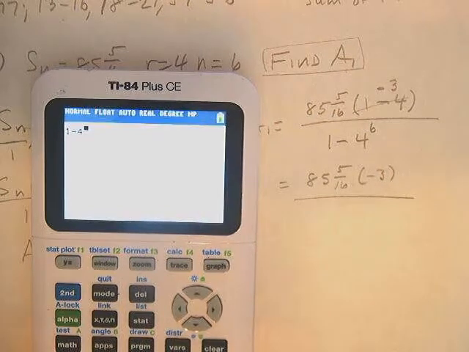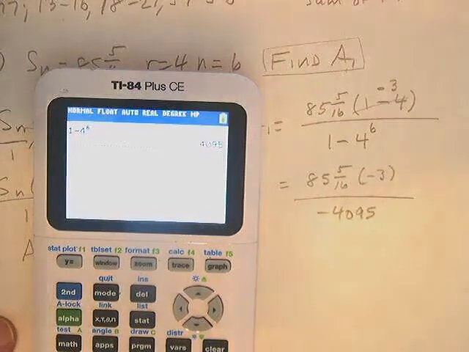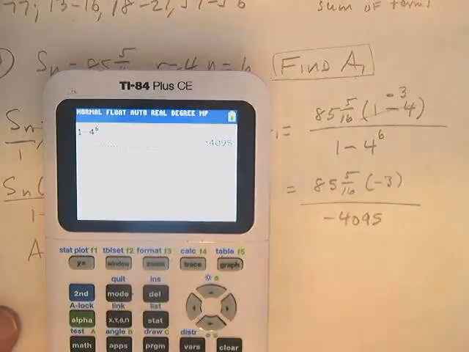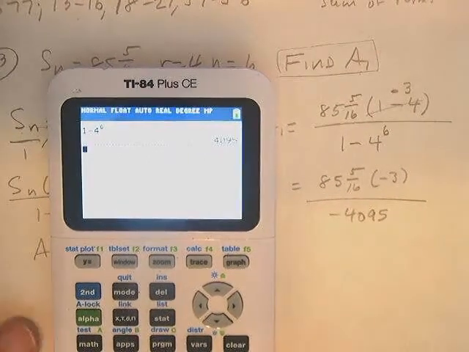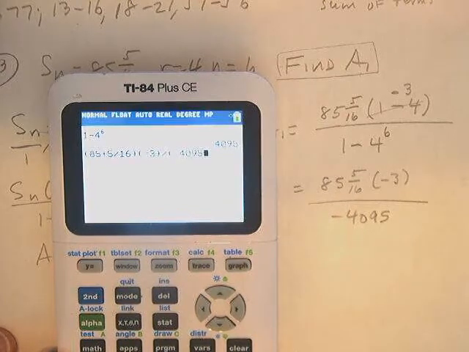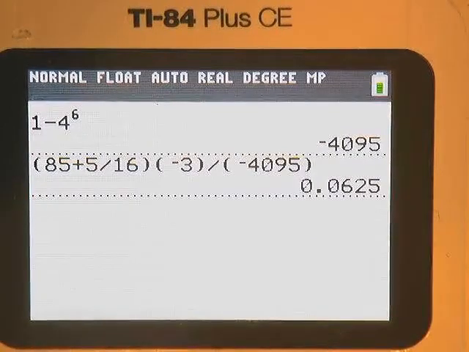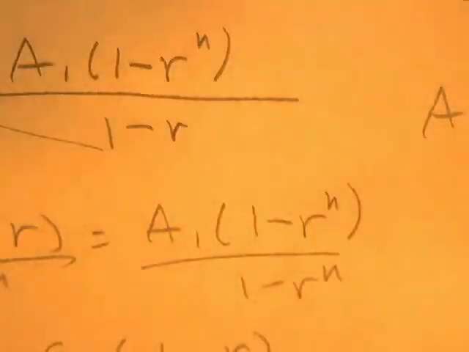1 minus 4 up to the 6th power. That's -4095. Okay. All right, now let's try to calculate. So let's put everything up here. 85 plus 5 divided by 16. You'll want to be careful with this. Notice I'm going to put everything in parentheses so this gets calculated correctly. 0.0625.